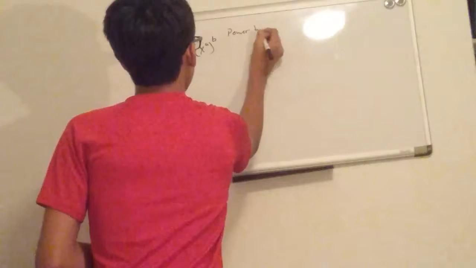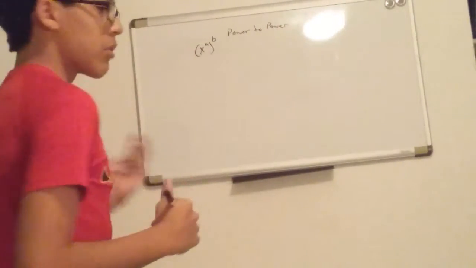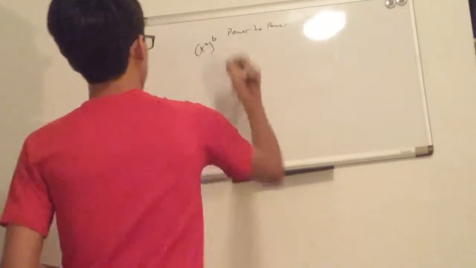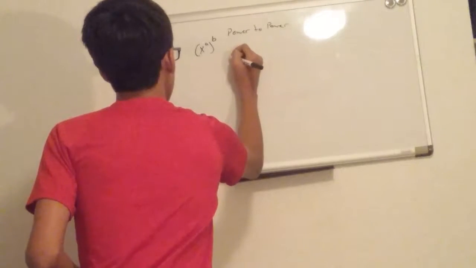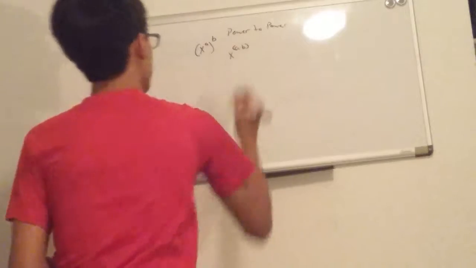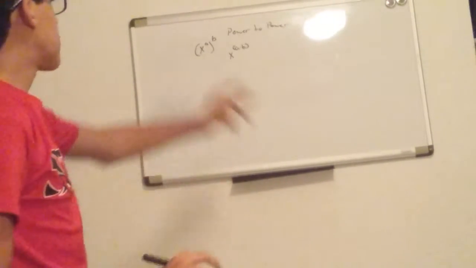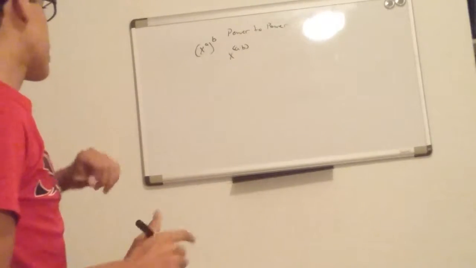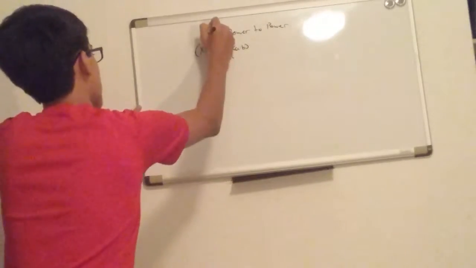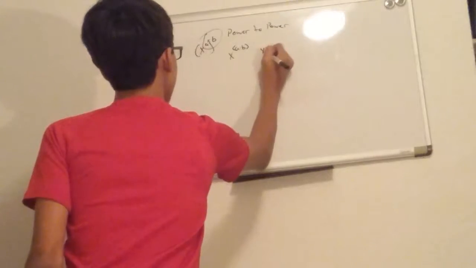When we have that, like I did before in the last example, you would do x to the a times b. All you gotta do is remember that when you have two exponent values, you multiply them together. So that's honestly what it would be: x to the ab.